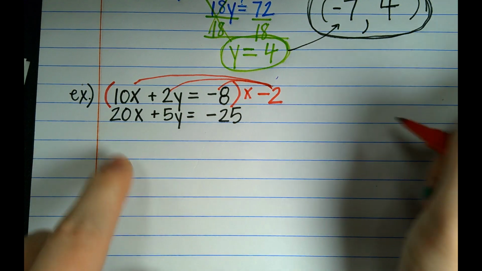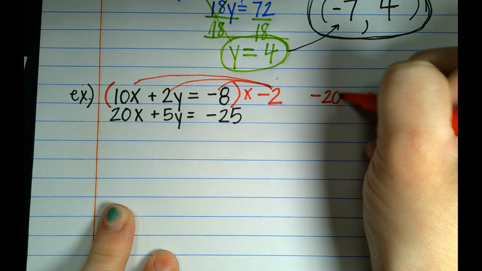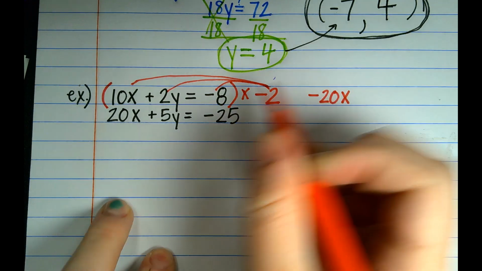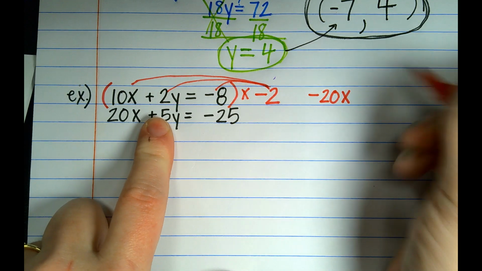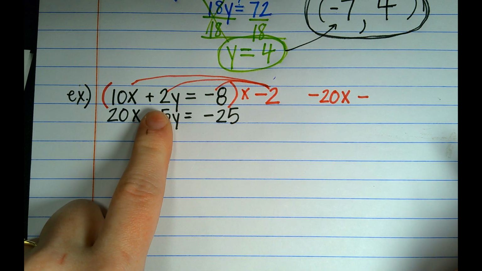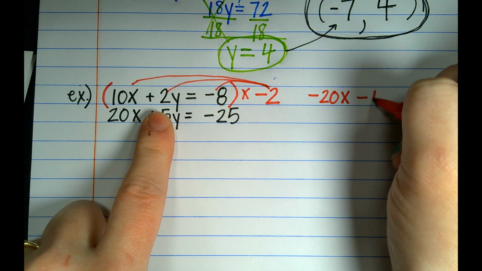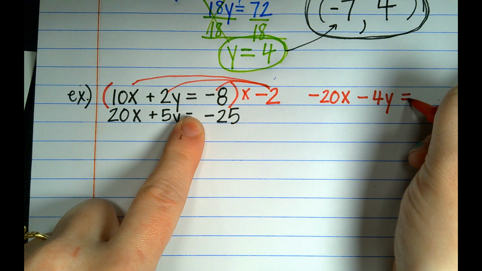So positive 10x times -2 gives us -20x plus 2y times -2. What does that give me? Perfect, -4y. Bring over my equal sign.